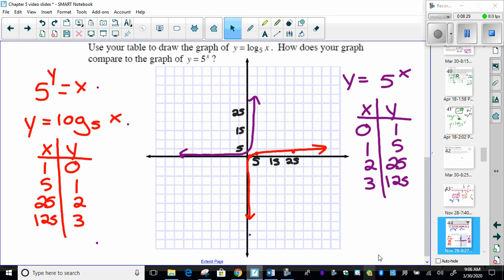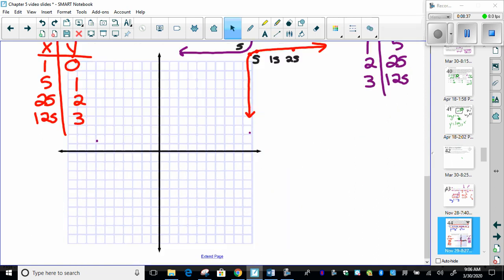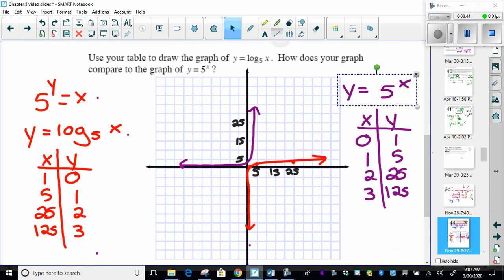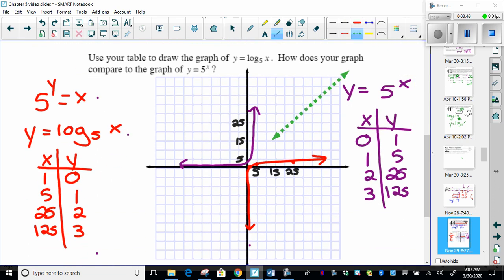So these graphs are not equivalent because the equations are not equivalent. They are inverses. So when I graph that line y equals x, they should reflect over it.